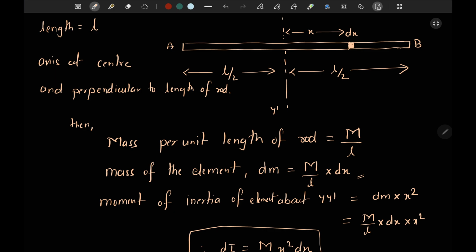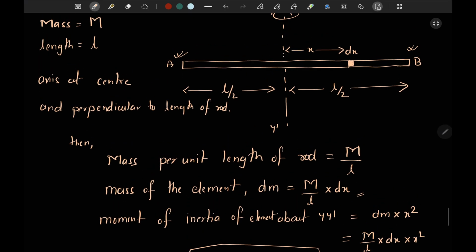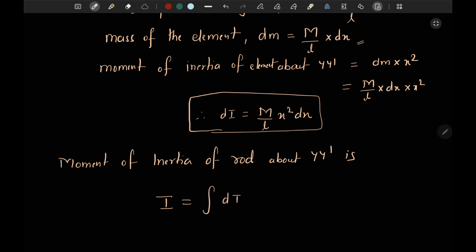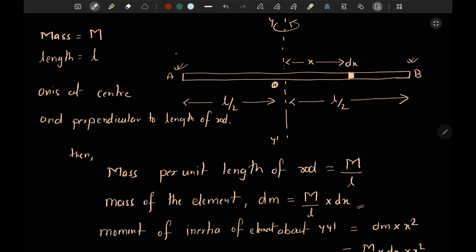Now if we need to calculate the moment of inertia of the whole rod, we will do integration from point A to point B. So the moment of inertia of the rod about the axis y dash is I is equal to the integration of the moment of inertia of the element, from A to B. Now we know that if the axis is considered at the center, then the A position will be minus L by 2 and the B position will be plus L by 2.